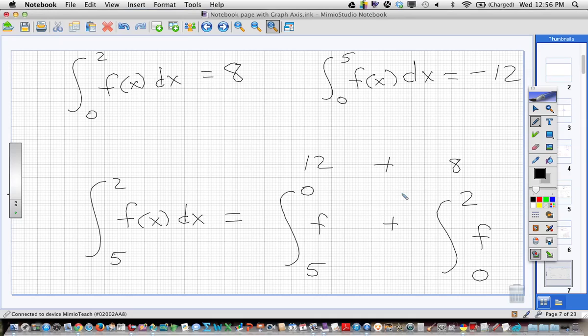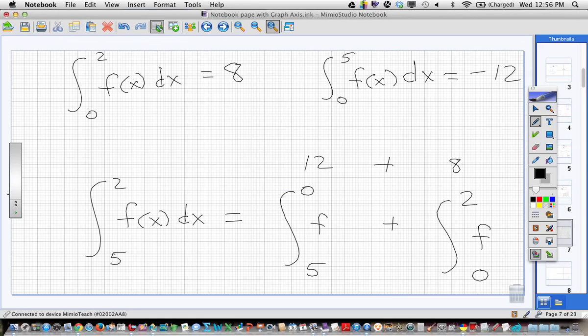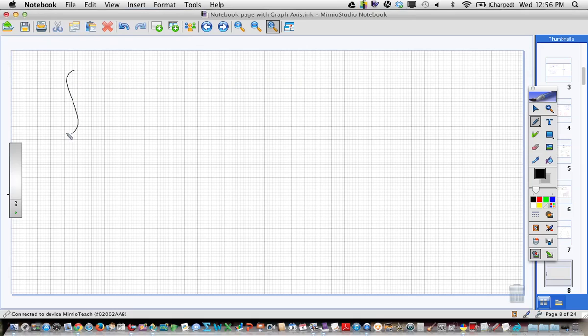There it is. Now, some people would prefer to keep that in between. Somebody in the other class asked if this would work, and it actually does. Some people would look at the 0 and the 2 and the 5, and they'd say, how about if I did this? The integral from 0 to 2 plus the integral from 2 to 5 would equal the integral from 0 to 5.